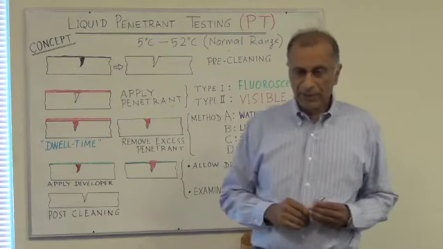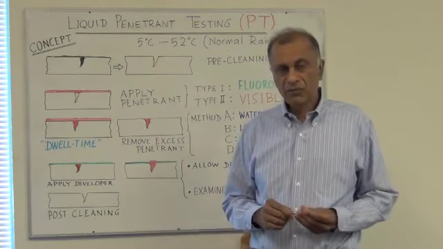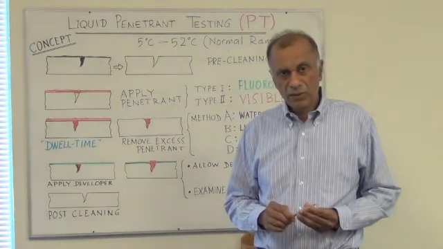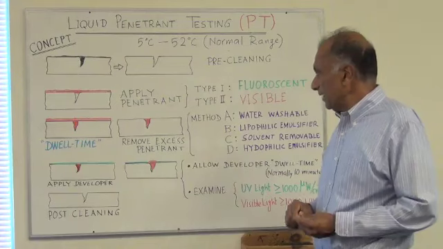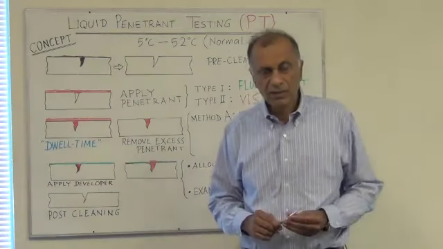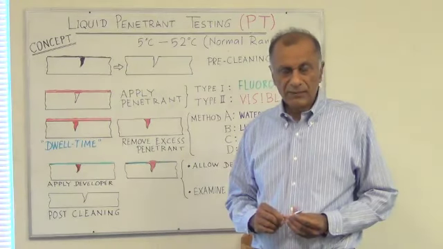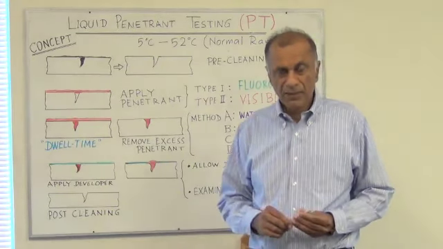After the penetrant is applied on the surface, it is left on the surface for about 5 to 10 minutes, which is also called the dwell time. Then after the dwell time is over, the penetrant has to be removed from the surface. There are three basic methods of penetrant removal.